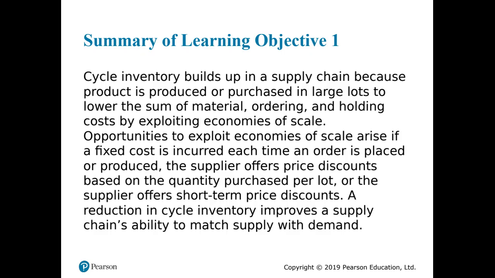Opportunities to exploit economies of scale arise if a fixed cost is incurred each time an order is placed or produced, the supplier offers price discounts based on the quantity purchased per lot, or the supplier offers short-term price discounts. A reduction in cycle inventory improves a supply chain's ability to match supplies with demand.